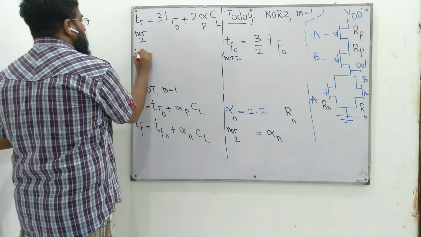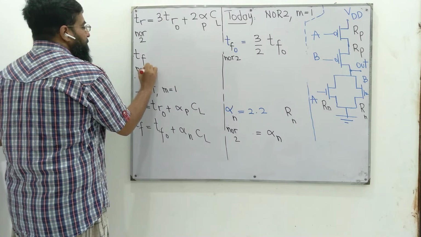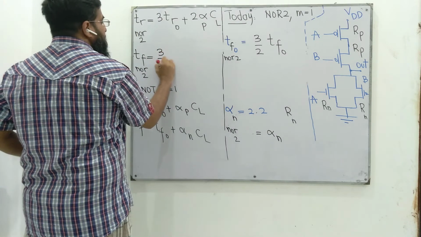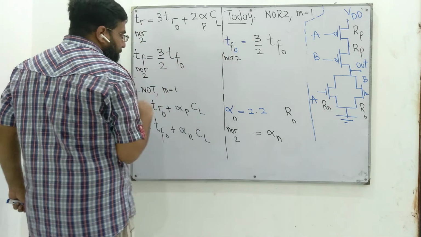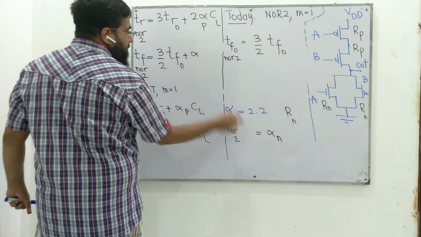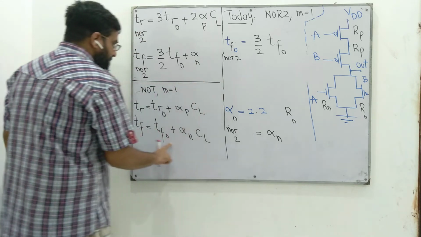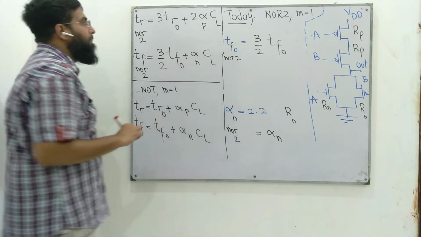So now we are ready to write the fall time delay for this NOR2, which is 3 by 2 times the TF0 value we obtained for the standard node, plus alpha N, the same alpha N as we have for the standard node, times CL.